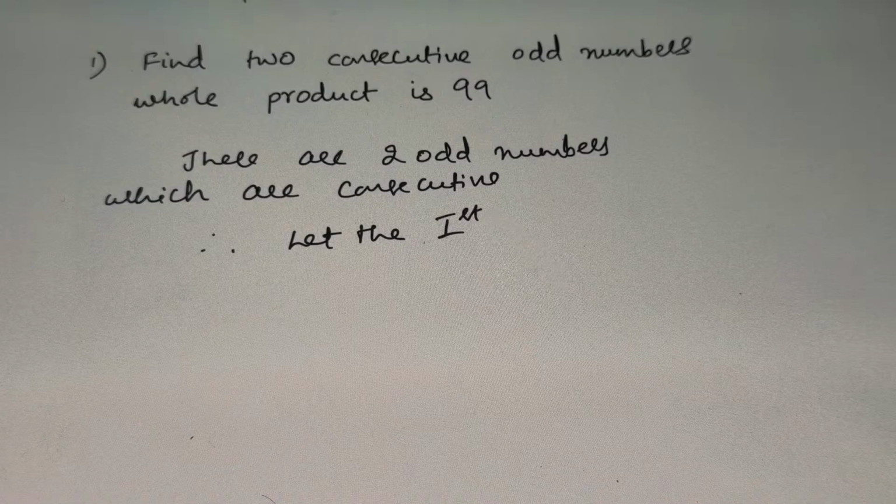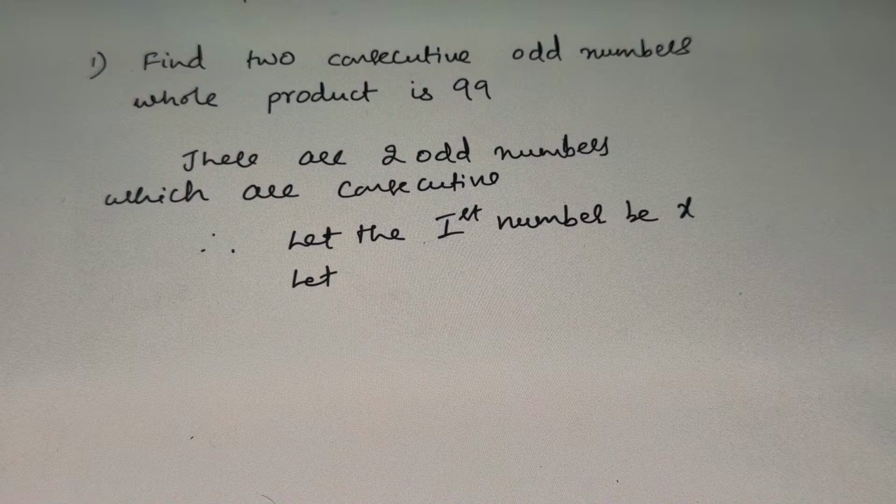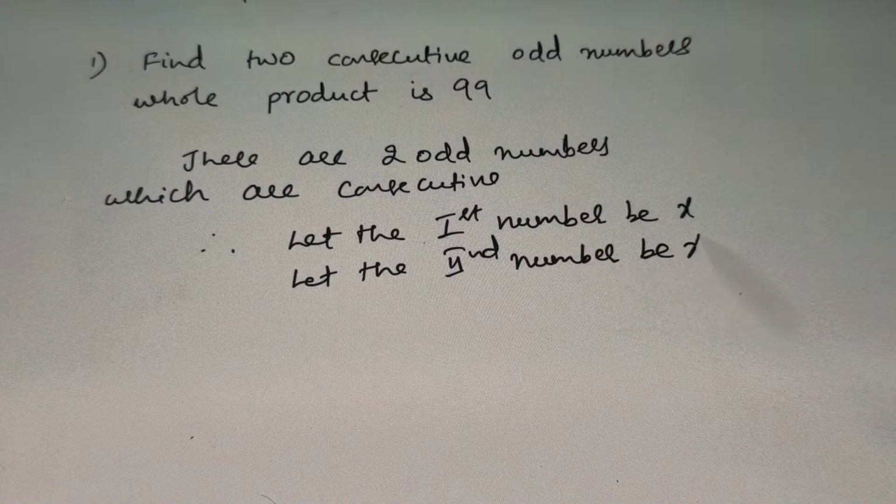Let the first number be x. Let the second number be x plus 2. So for odd numbers or even numbers, the gap is 2. So you need to write x plus 2. So consecutive, one after the other. Please understand it is one after the other, and their product.